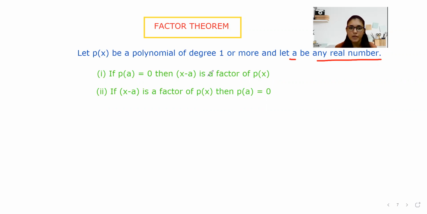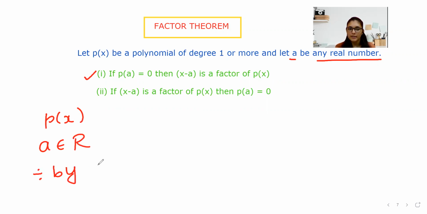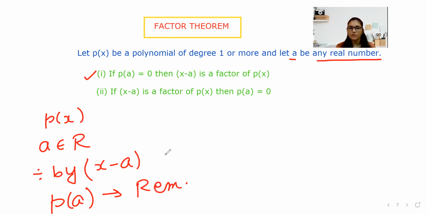Now the first point is that if p(a) is 0, you remember that if p(x) is our polynomial and a is any real number, and you divide this polynomial by x minus a, then p(a) will be your remainder. This was the remainder theorem that we have done.